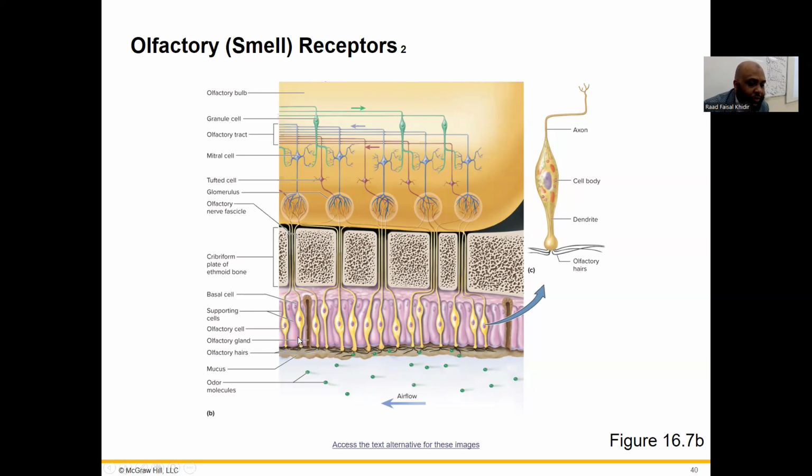From olfactory hairs, we're going to olfactory cells, and these basal cells are the stem cells that are going to differentiate to replace any damaged olfactory cells. Then we're going to enter through the cribriform plate. This is a bony structure, and from there we will have an olfactory nerve, which is going to carry this odor, finally terminating in the olfactory bulb.